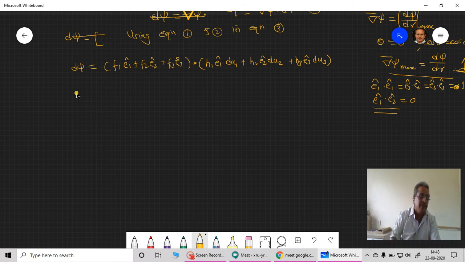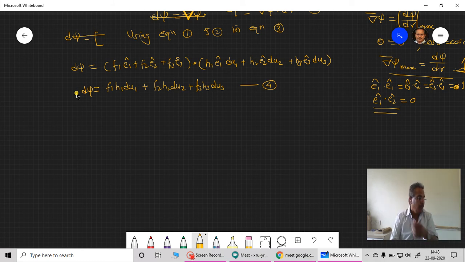So using this property I'll get d psi is equal to f1 h1 into du1 plus f2 h2 into du2 plus f3 h3 into du3. This is my vector equation number 4.